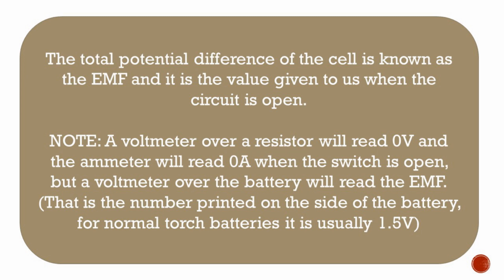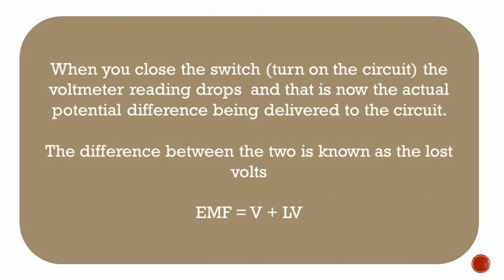That is the maximum energy output. However, when you close the switch, turn on the circuit, the voltmeter reading drops. And that is now the actual potential difference that is being delivered to the circuit. The difference between the two is known as the lost volts. So the EMF is equal to the volts plus the lost volts.